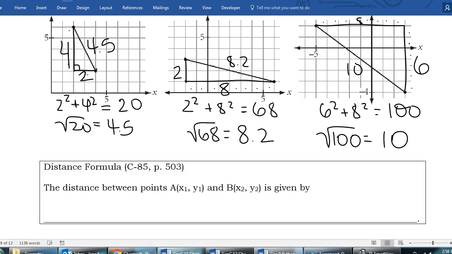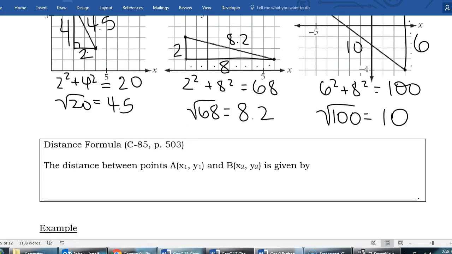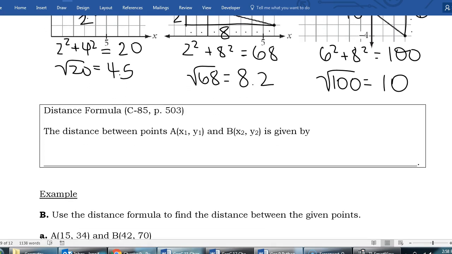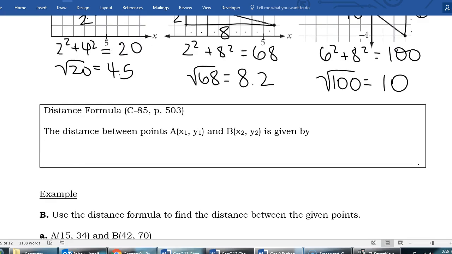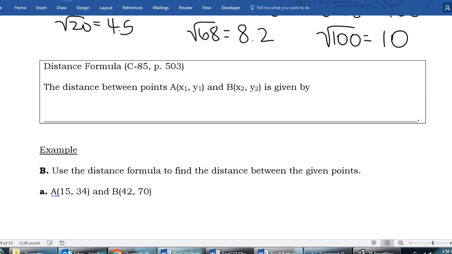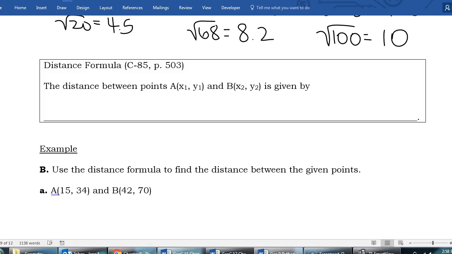Now, say you're given points and you wanted to figure out the length without having to graph those points, count how far over it is, then do the Pythagorean theorem. Like, I wouldn't want to plot 15 over 34 up, 42 over 70 up, and have to count out all those spaces. But if I just subtract my x values and subtract my y values, that's actually going to give me my horizontal and my vertical measurements.